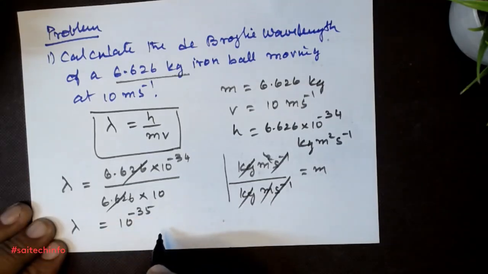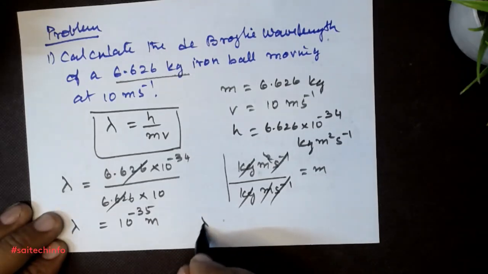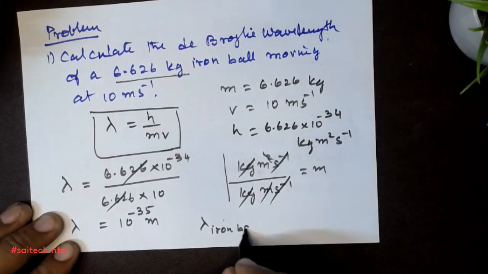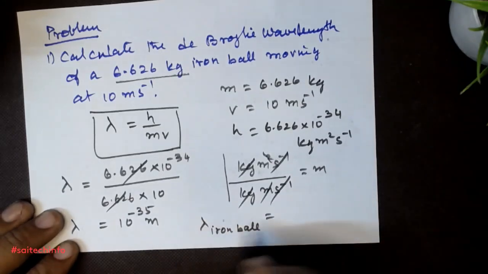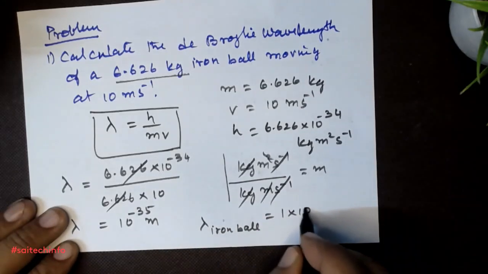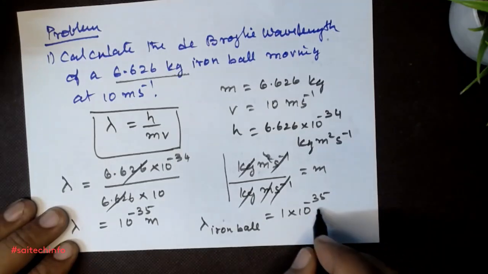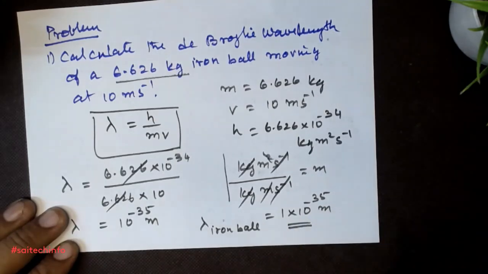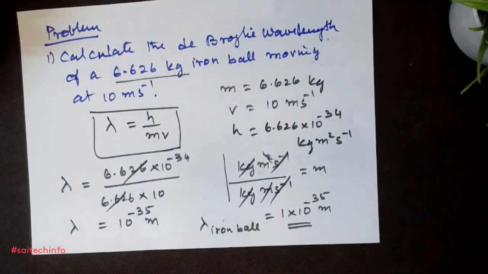So the answer is, wavelength of iron ball is equal to 1 into 10 power minus 35 meter. You just imagine its wavelength is too small. 10 power minus 35 means very, very small. So do you understand this?